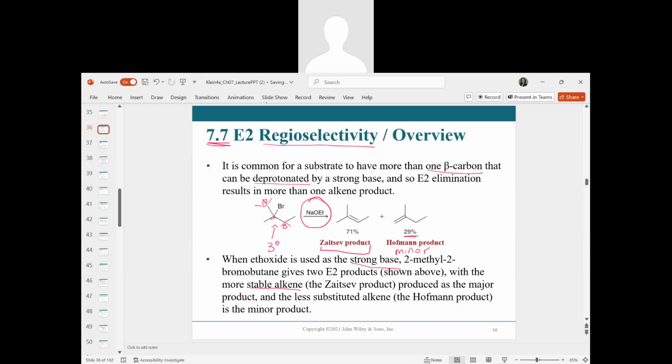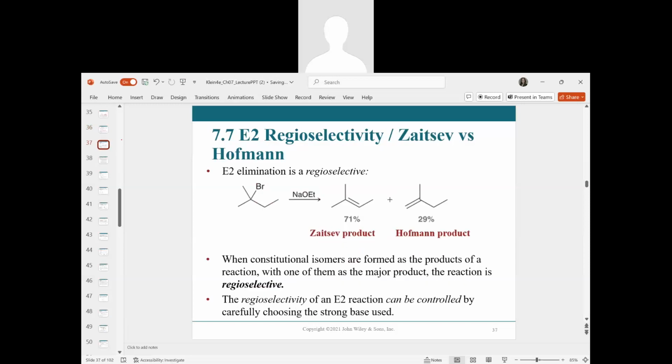And again, that would be due to elimination of one of these protons over here to generate the least substituted product possible. So again, depending on what proton is removed, what region in your molecule will have this elimination and pi bond formation occur, that is dependent on what type of base is used.